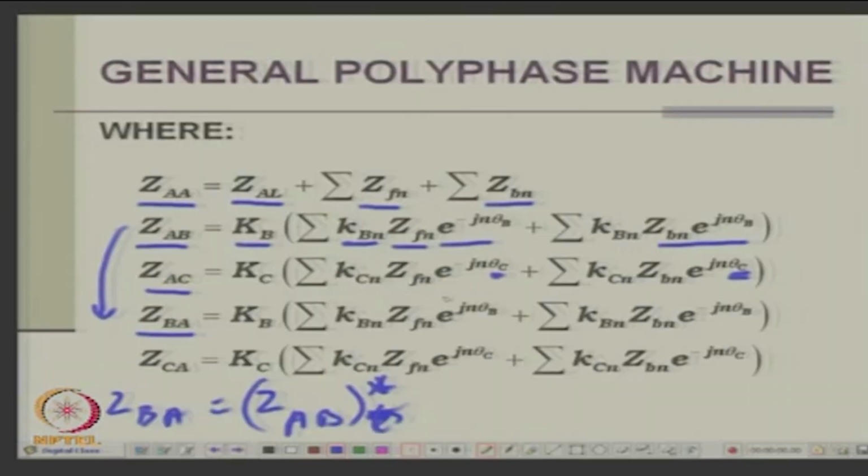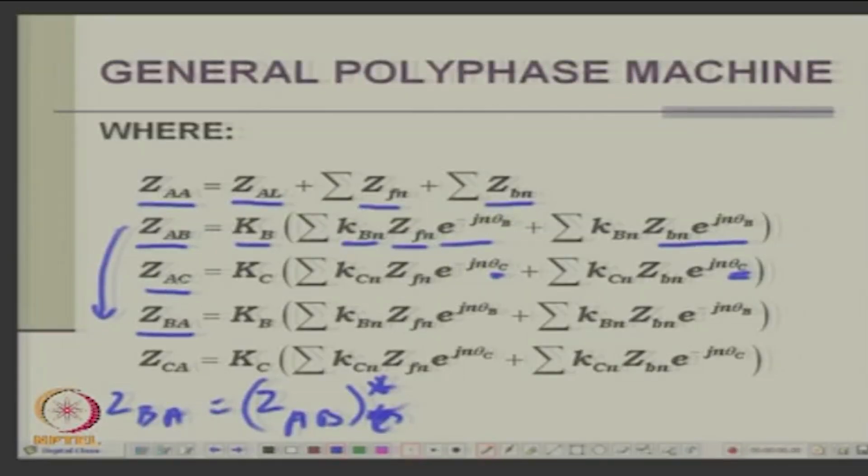So, I suggest you can also do your own drawings and make sure that you are, see, whatever is the voltage induced, the phasor of the voltage induced in the B winding due to the A phase current will be a conjugate of the voltage induced in the other winding, okay.